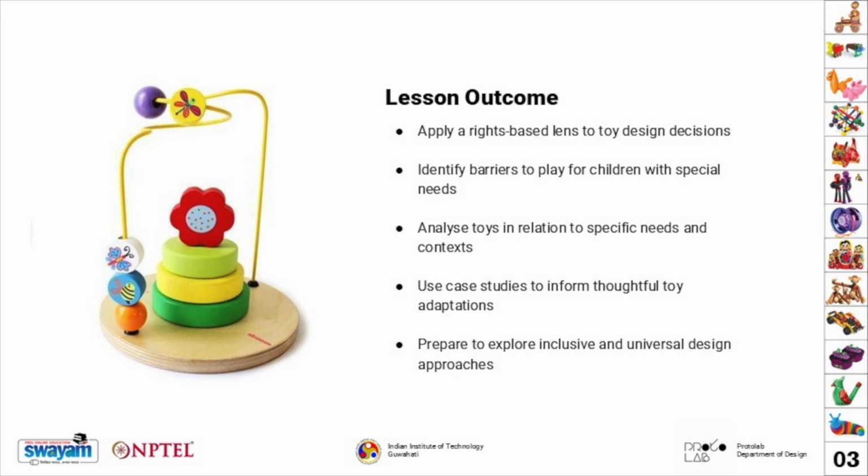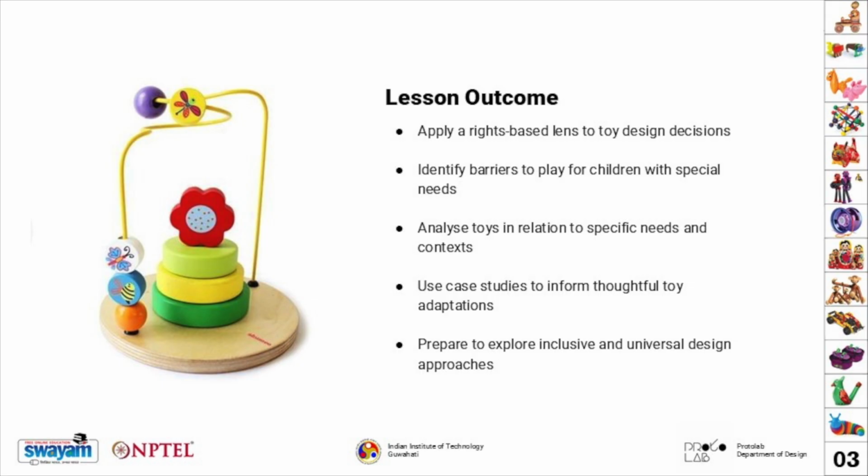You will be able to apply a rights-based perspective when evaluating whether a toy enables or restricts play. You should be able to recognize different types of barriers: physical, sensory, cognitive, or social, that affect access to play.